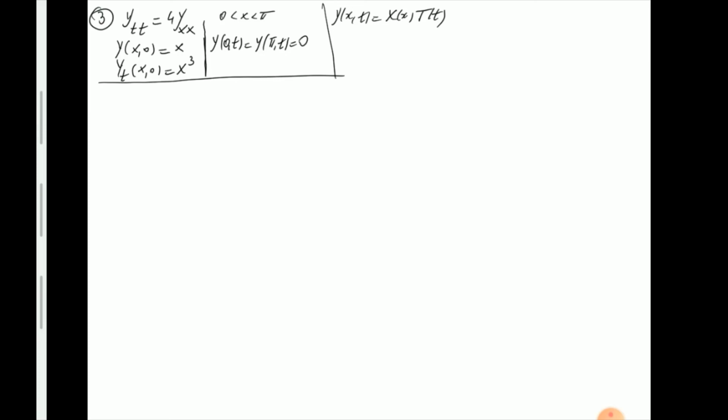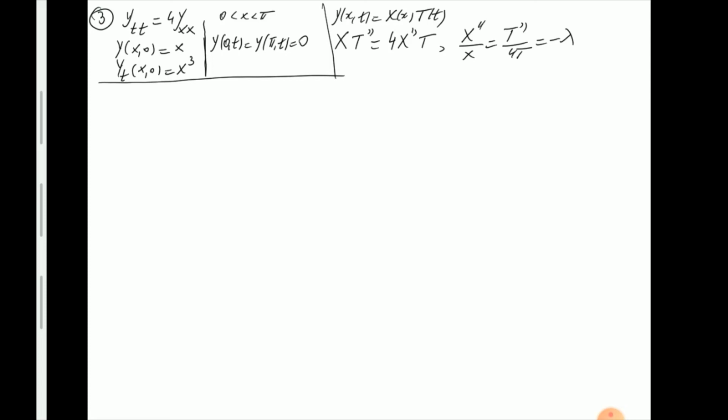If I plug it into the PDE, that gives me big X T double prime equals 4 X double prime big T. Separate, so that gives me X double prime over big X equals T double prime over 4T equals minus lambda.